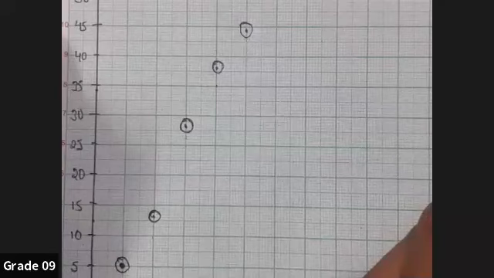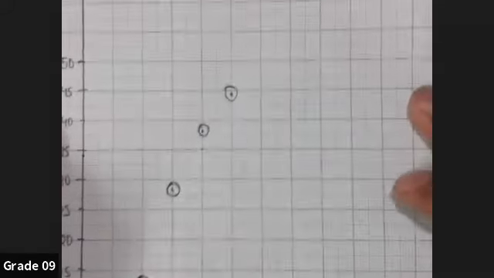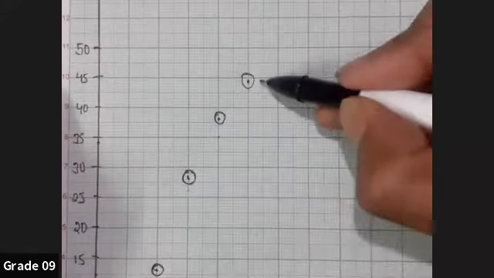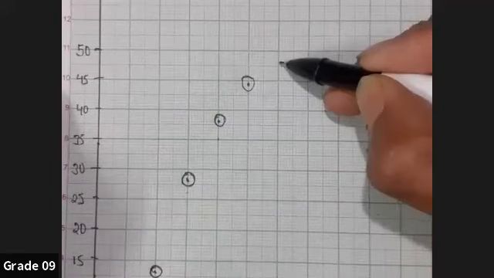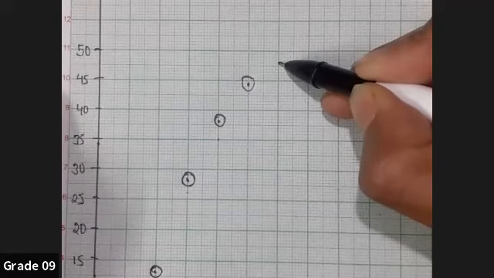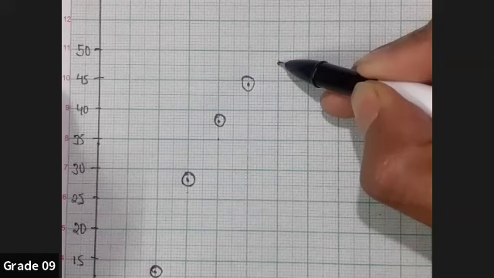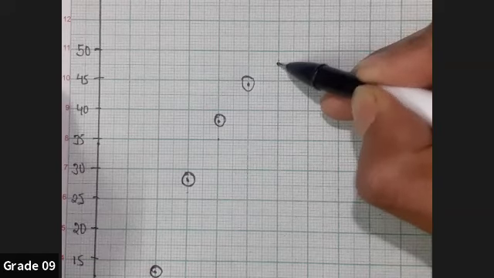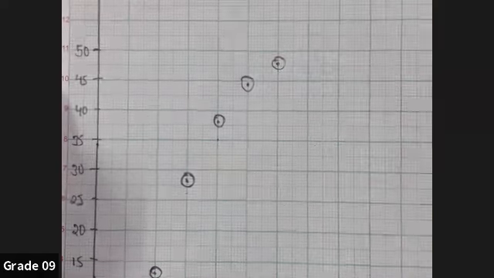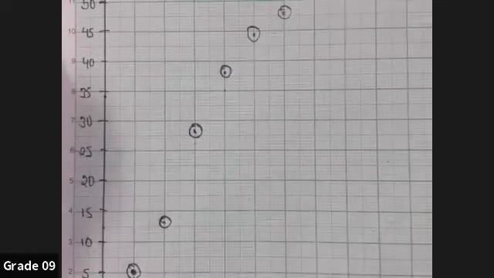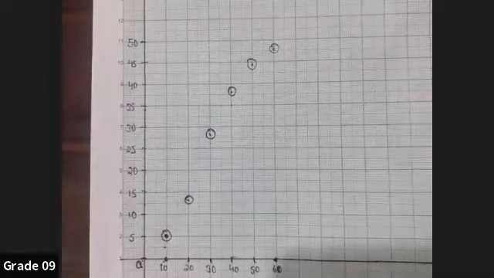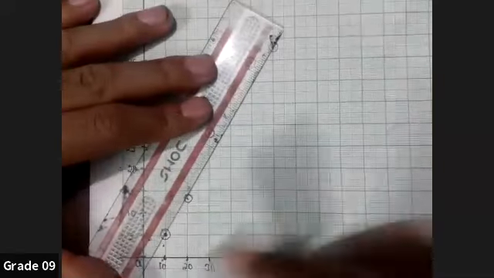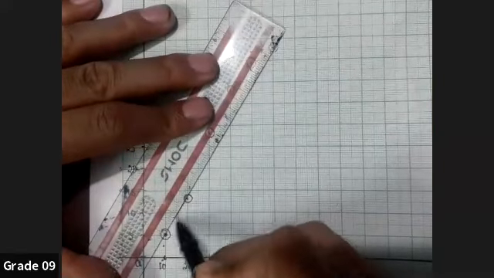And now 60 has 47, so it is going to be here. After this, you just need to join all these points and your less than ogive is ready. Use your ruler, connect the points one after another.